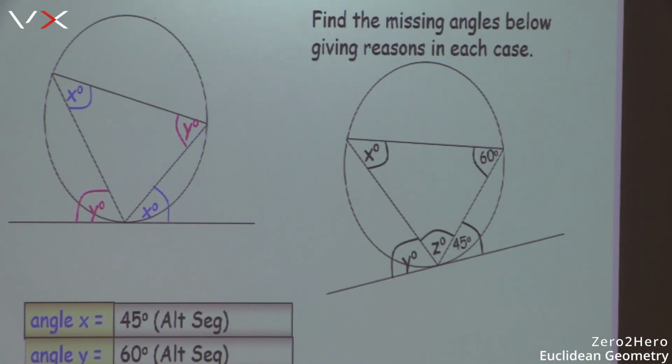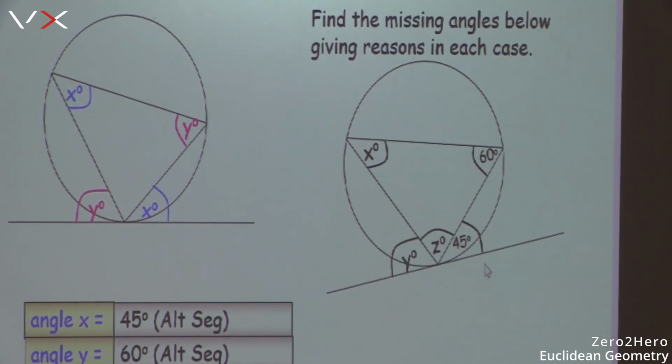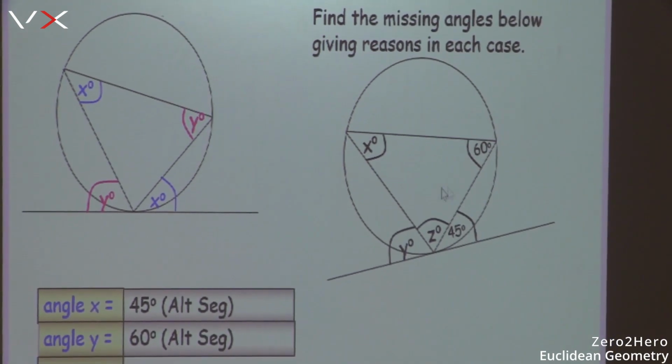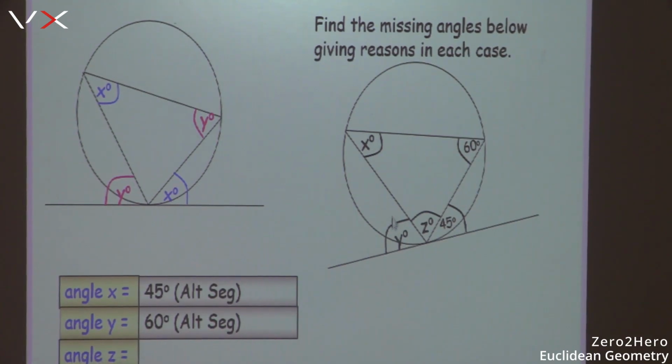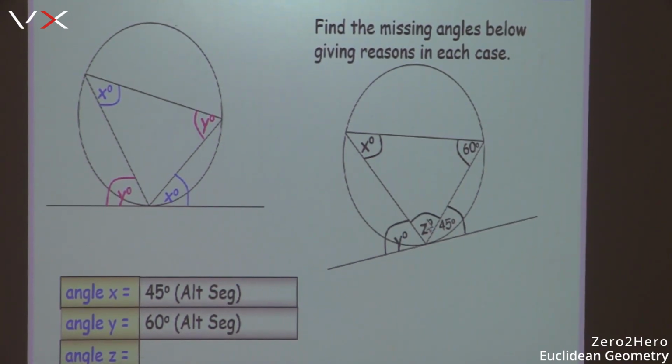Let's look for angle z now. This is where z is. There are too many ways. This is 60, this is 45, so this is a straight line. The sum of angles in a straight line are supplementary. So 45 plus 60 plus z will be equal to 180. That's one option. Option number 2, remember this is also 45. So 45 plus 60 plus z will be 180 if I'm using the sum of interior angles of a triangle.